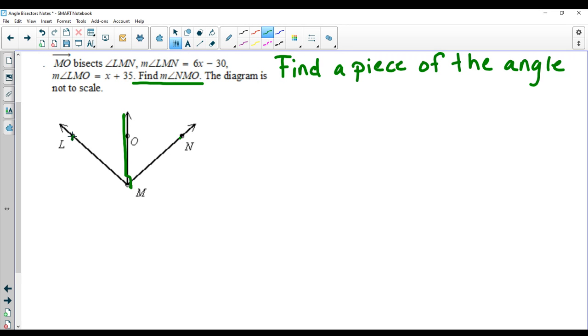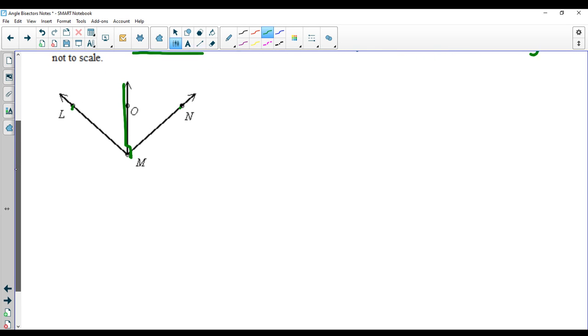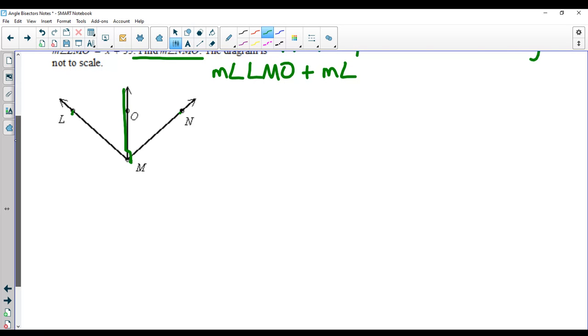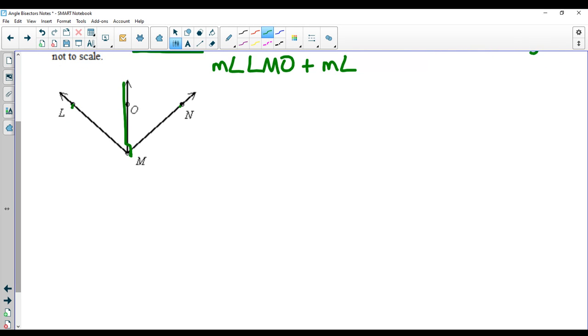So because it's bisected, I'm going to write out what we're solving. The measure of angle LMO plus the measure of angle NMO equals the measure of angle LMN. That is the angle addition postulate, right?